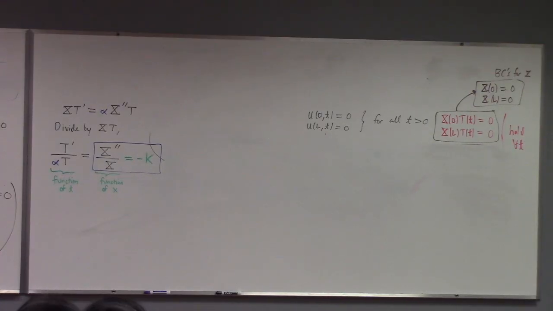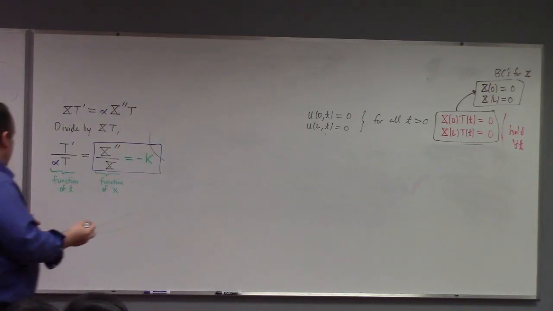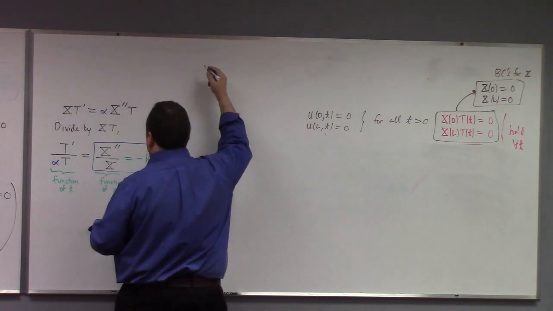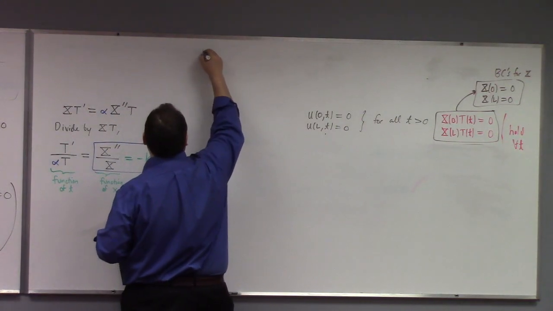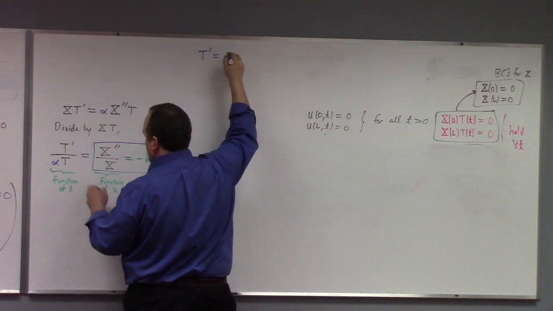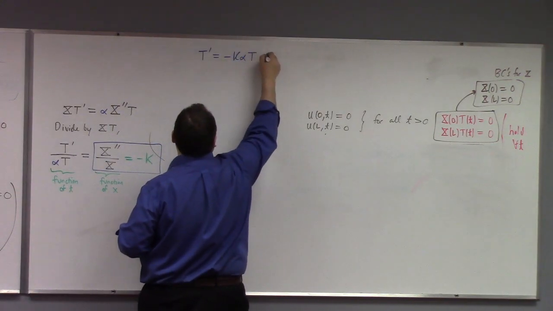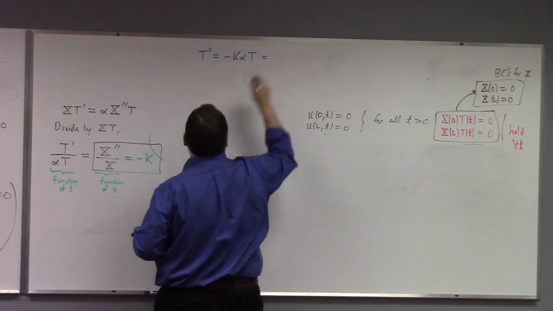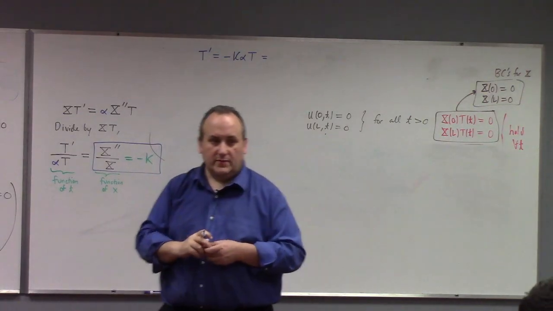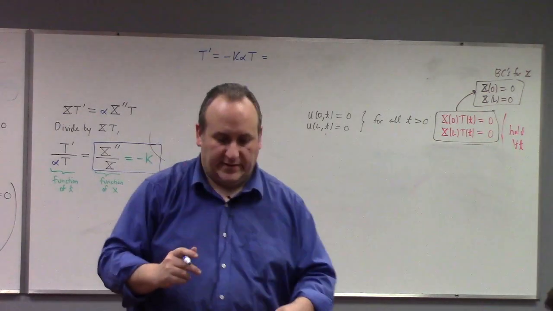Okay, so looks like we're up against T prime equals minus k alpha T. But we have learned that the k is actually what?